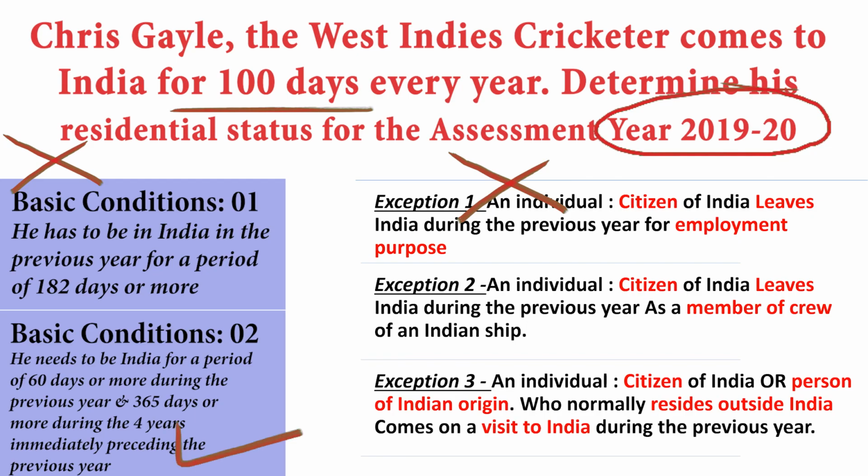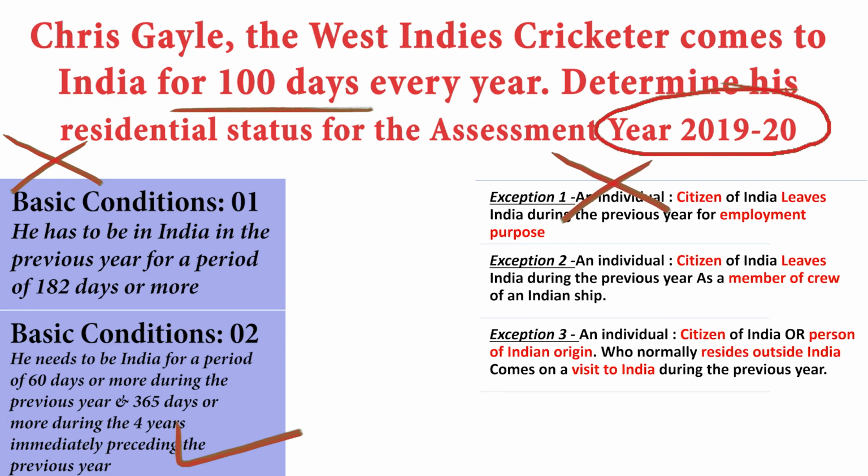Now the moment we come to know that Chris becomes a resident in India, we cannot stop here. We need to go further and find out whether Chris is ordinarily resident or not ordinarily resident. For that, law has given us 2 additional conditions. Now we will check whether Chris is fulfilling both the additional conditions or not. We will first go through the first additional condition, which is a bit technical, so just make sure you understand it.